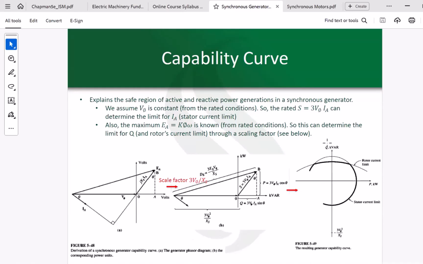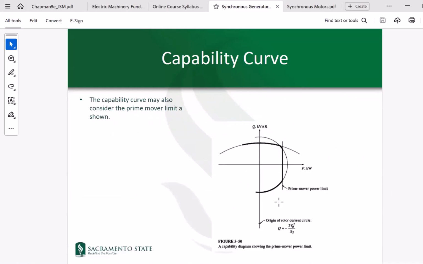This is associated with the stator current limit. We have another circle, centered at minus 3 V phase squared over XS with a radius of 3 times EA V phi over XS. This is representing the rotor current limit. This is the second. And the third is the prime mover power limit, which is a straight line.